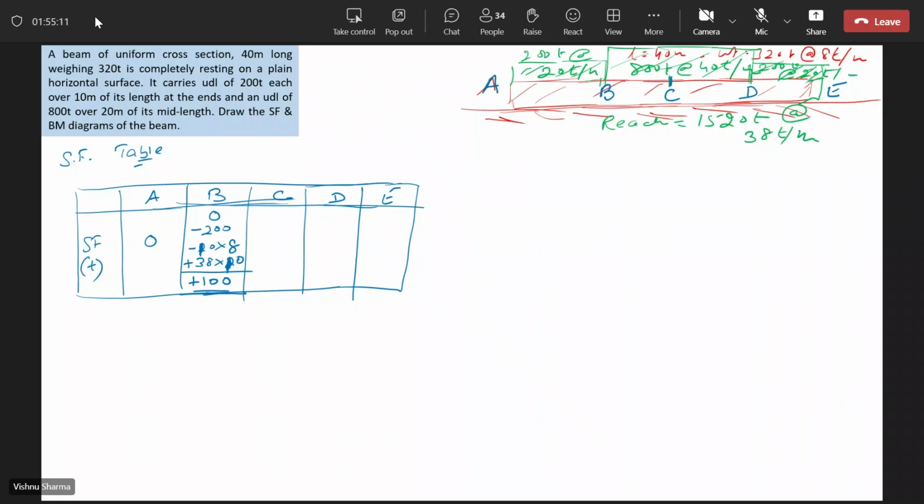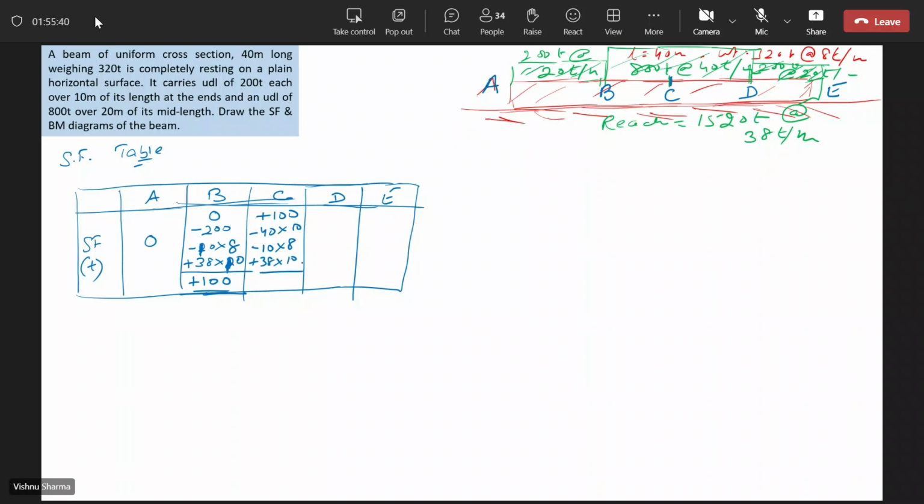C was not required. I'm just going to C now. Plus 100 I take here. What is the change from B to C? One is half of this 40 UDL, 40 tons into 10 meters. So minus 40 into 10. Then weight of the beam minus 10 into 8. And reaction of plus 38 into 10.